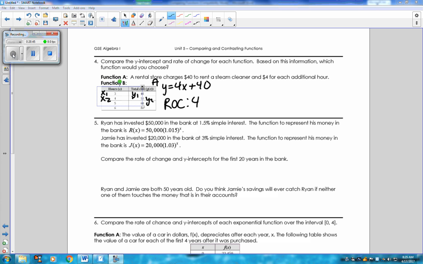You can use any points on here as long as you label the higher of your x values as x2. If 3 and 4 were switched, 3 would still be x1 and 4 would still be x2. If we only switch the x's but didn't switch the y, then this would still be y2 minus y1.